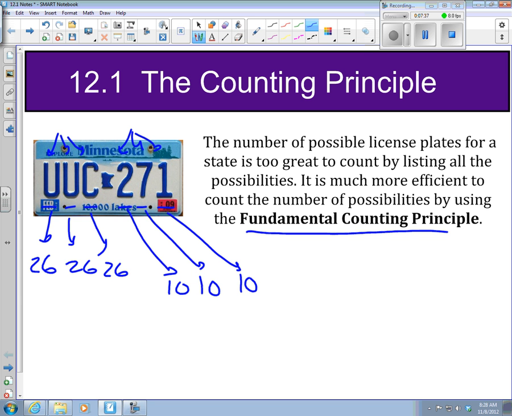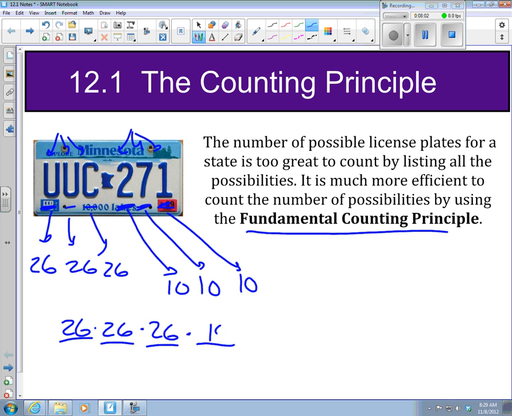If you go back to this problem, how many different Minnesota state license plates are there? Well, the first letter here can happen 26 different ways, 26 different outcomes. Second one, 26 different outcomes. Third one, 26 different outcomes. And then the digits, you can have 0 through 9.